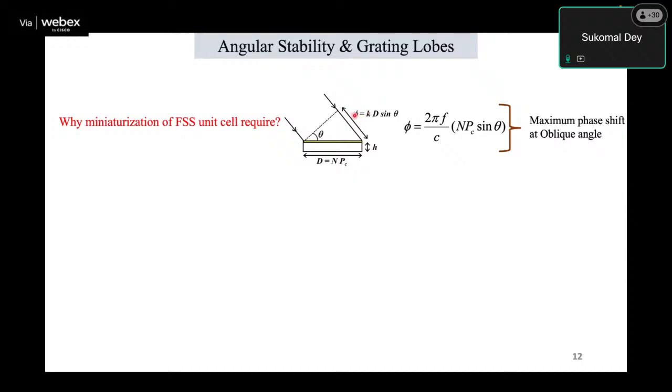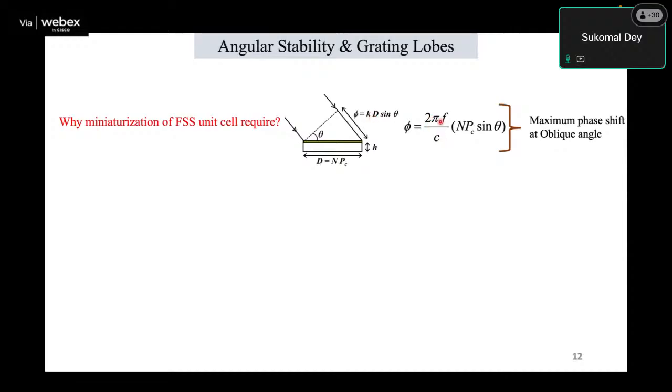So what is the phase shift phi? It is k d sine theta, where theta is the incident angle. How do you calculate this phi? There is a given formula, taken from the textbook: omega by c, this d multiplied by sine theta. That is nothing but k d sine theta. What is k?